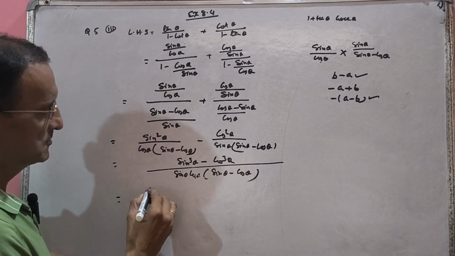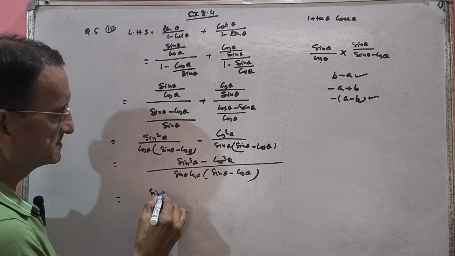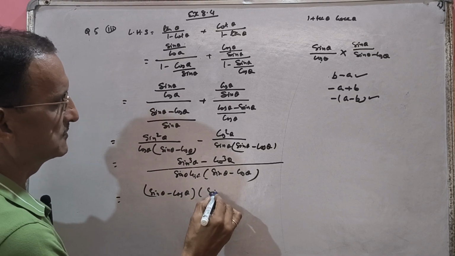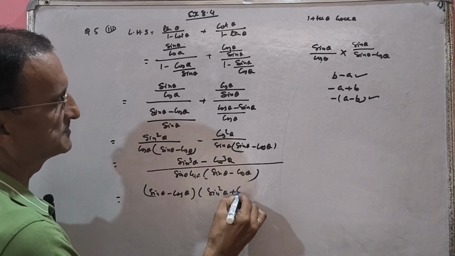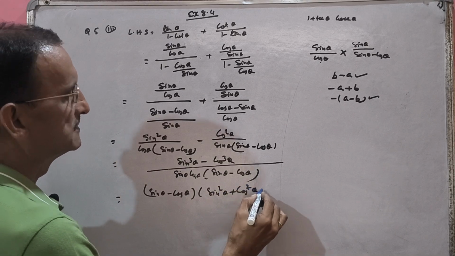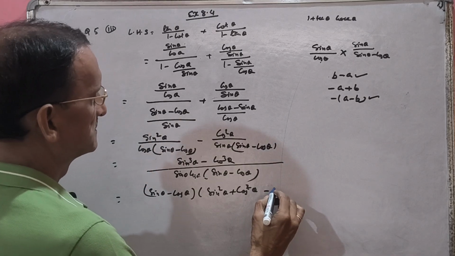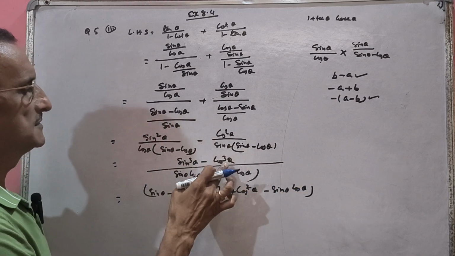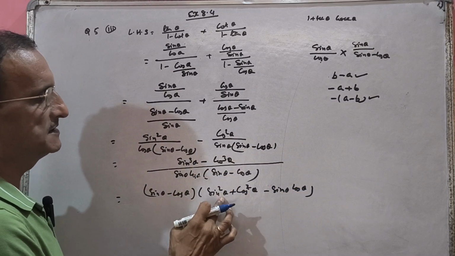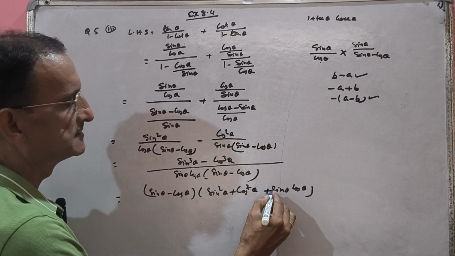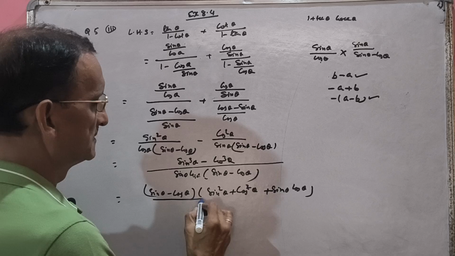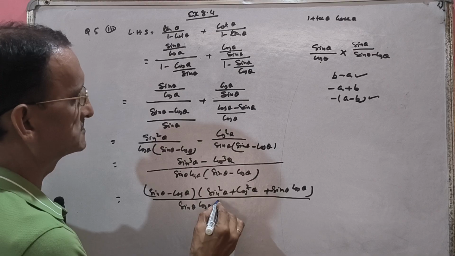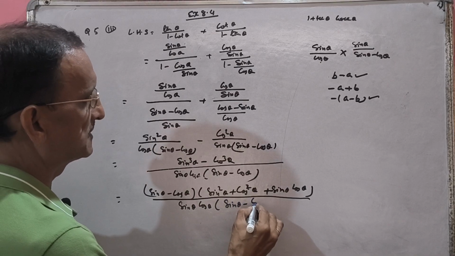So use the a cube minus b cube formula: a minus b into a square plus ab plus b square, where a is sine theta and b is cos theta, divided by sine theta into cos theta into sine theta minus cos theta.